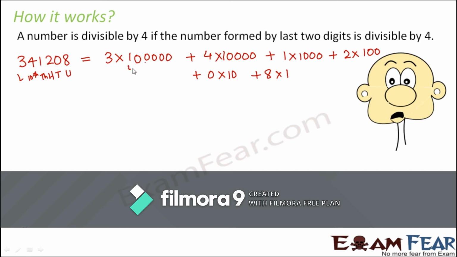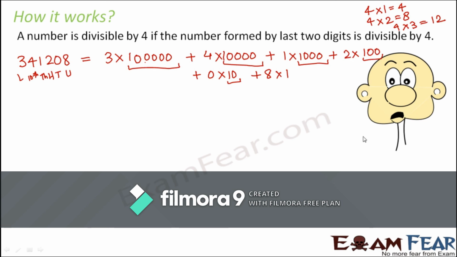Now looking at these numbers, we have to decide how these numbers are going to help us to find its divisibility by 4. Now if you look at it, is 10 divisible by 4? 10 is not divisible by 4, right? Because when you write the multiples of 4, it would be something like 4, then 8, and then 12 and so on. So 10 is not divisible by 4.